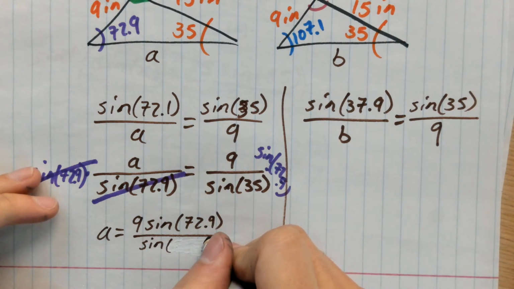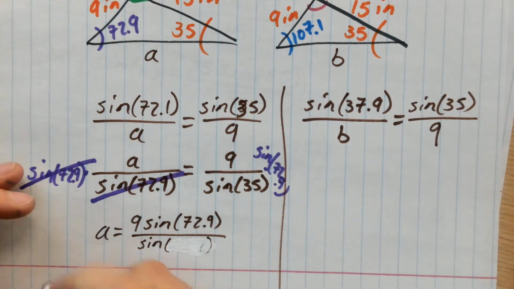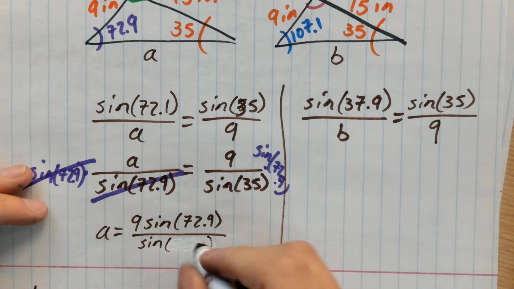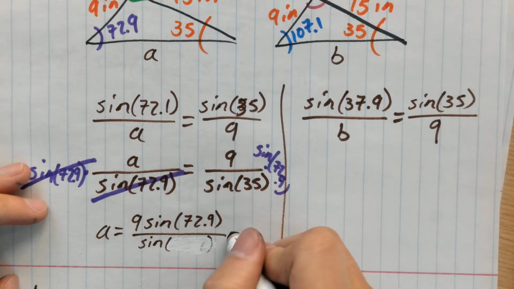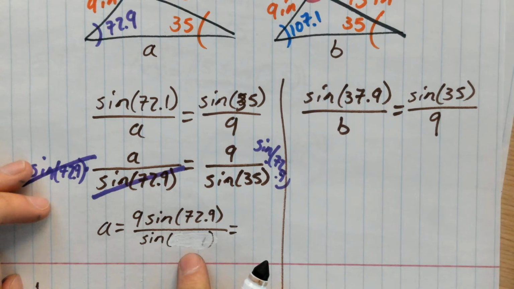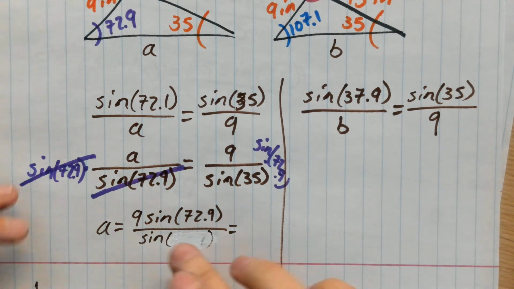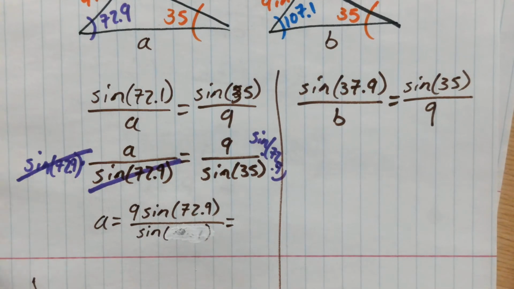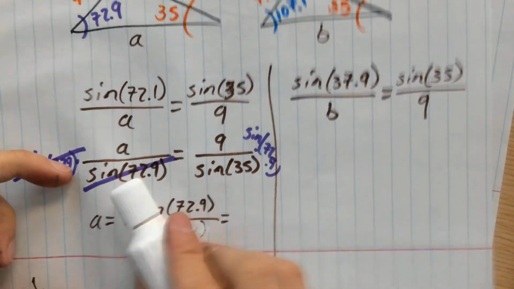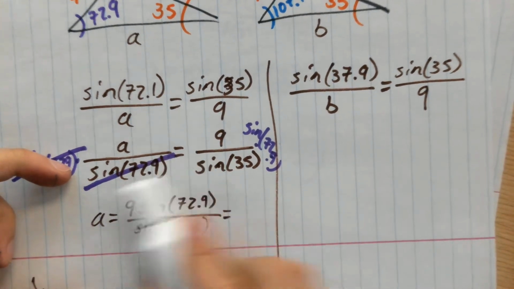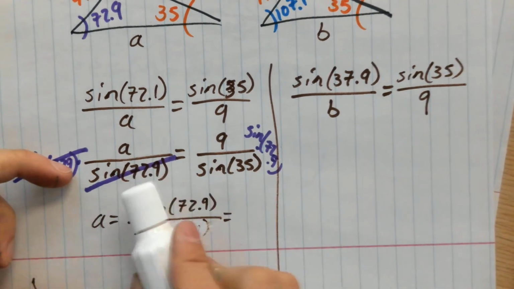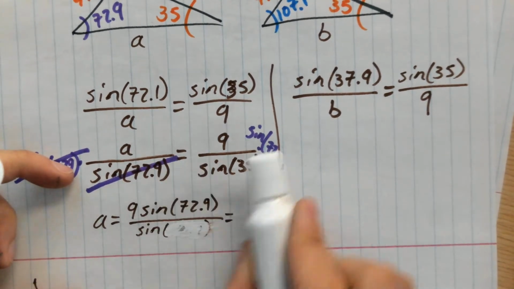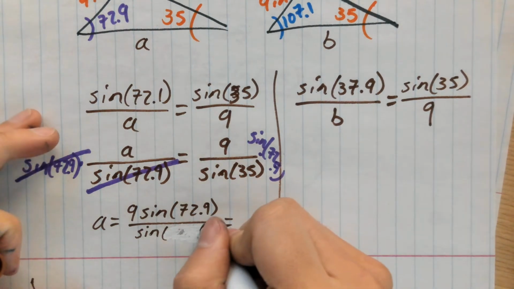Yeah, it was supposed to be 35. Okay, I'll just wait for it to dry. You guys know it's supposed to be 35. It's just not drying fast enough. I think that helps.